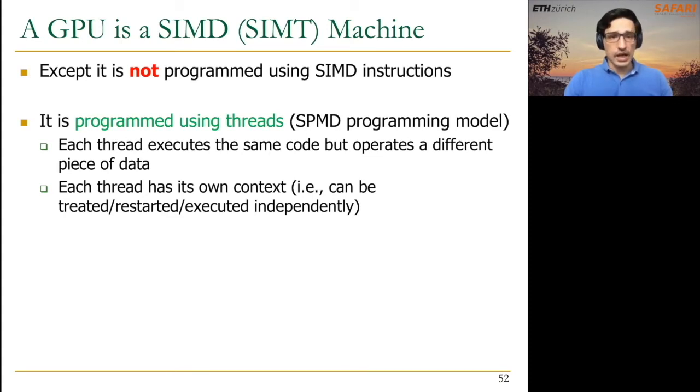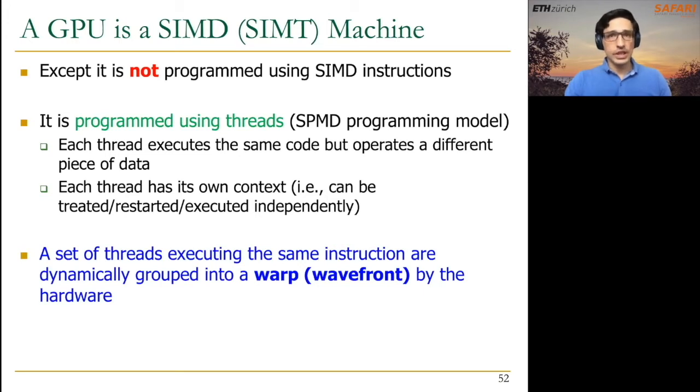The thing is that what the hardware is going to do with these threads is that, automatically or dynamically, it is going to take these threads and create groups or sets of threads that we call warps or wavefronts. And these are the SIMD units that are executed all together on the hardware.